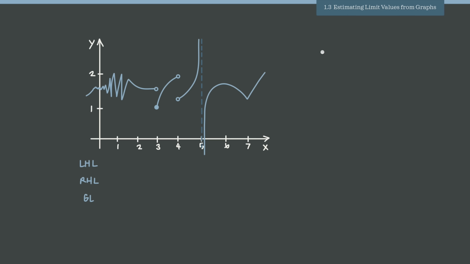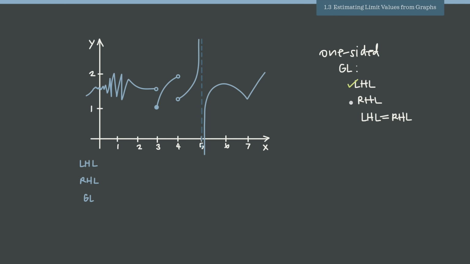Remember, we have this idea of one-sided limits, where the left-hand limit and the right-hand limit can be different. In order for the general limit to exist, we need the left-hand limit to exist, we need the right-hand limit to exist, and we need the left-hand limit to be equal to the right-hand limit.